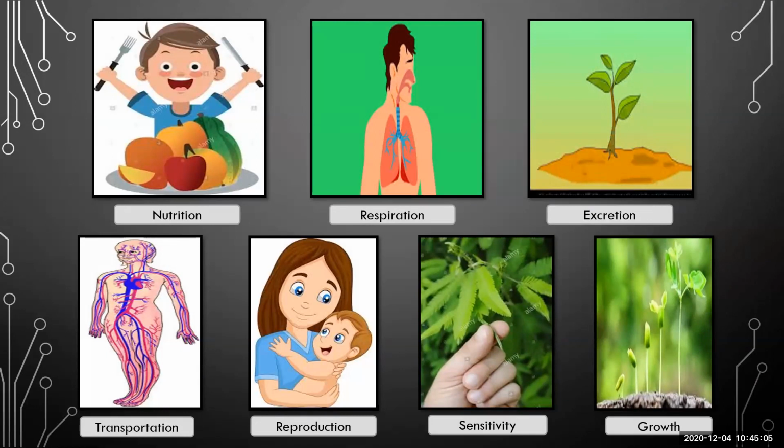So such processes, which we can see in living things, are known as the life processes. These are all the life processes which we can see in living things and cannot see in non-living things.